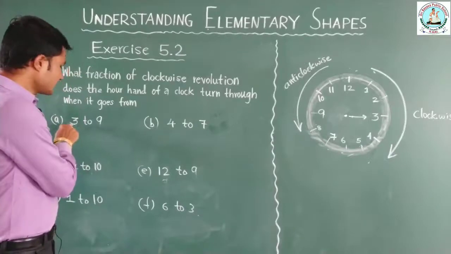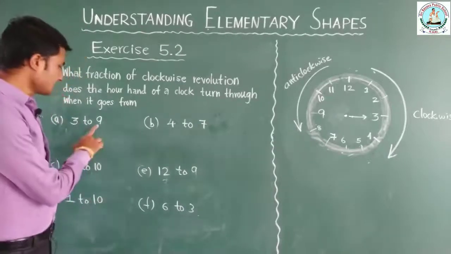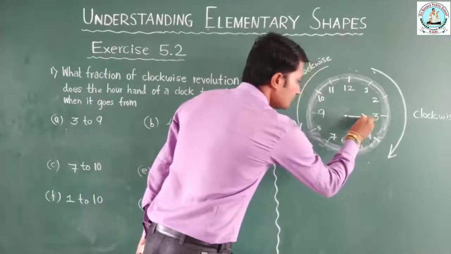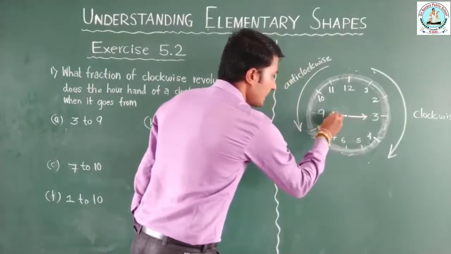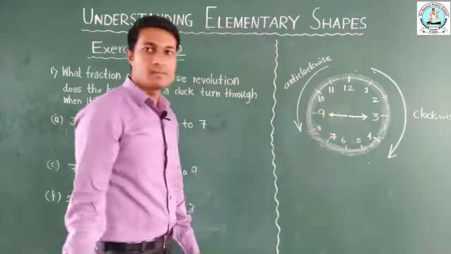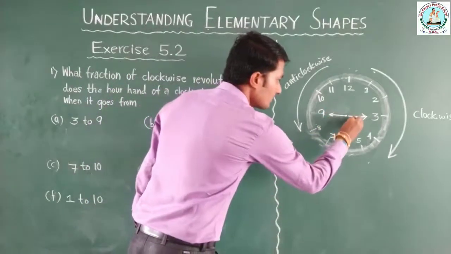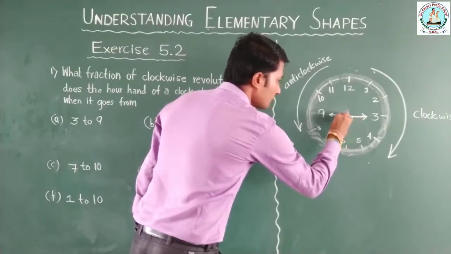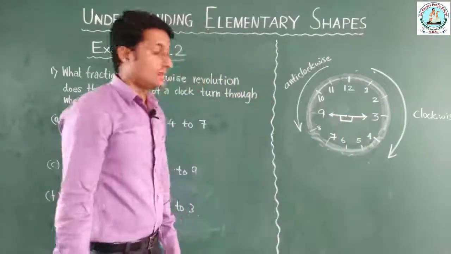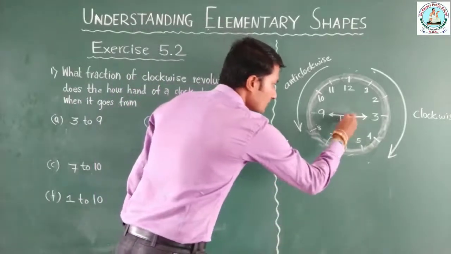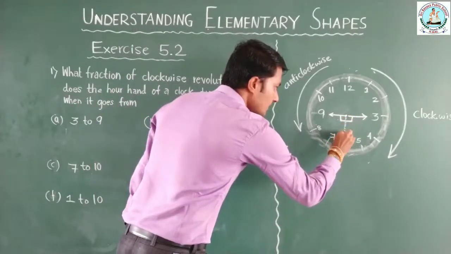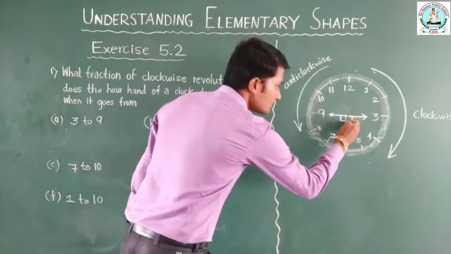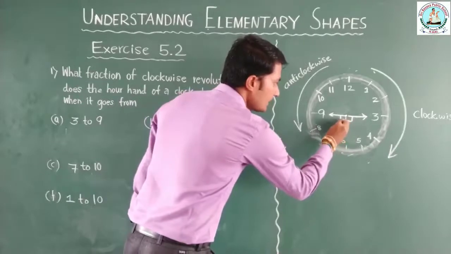First thing is that it has started from 3 o'clock and it has reached 9 o'clock. So from 3 it has started, and its end point is 9, meaning it has covered this much angle from this point to this point. See here, from 3 to 9, it has covered 2 right angles, right? So this is the first right angle and this is the other right angle.